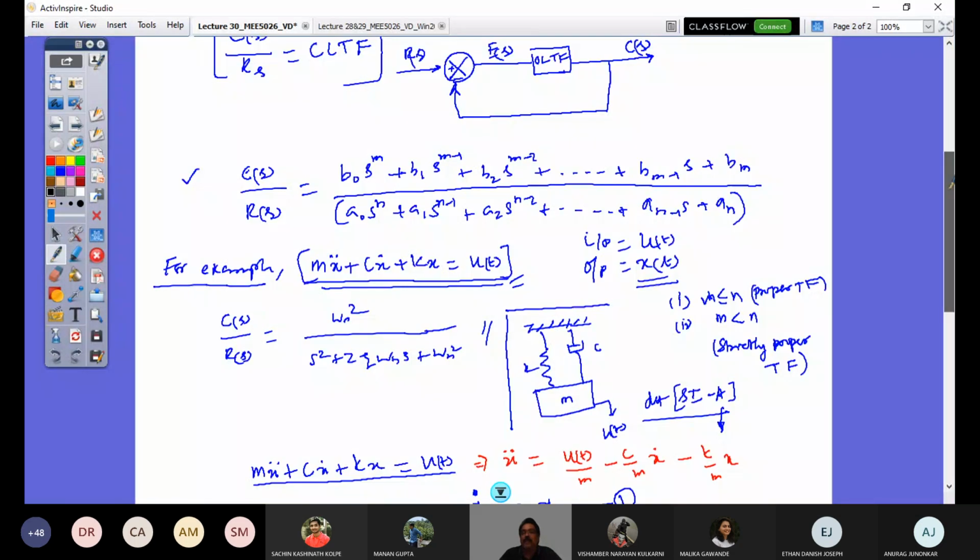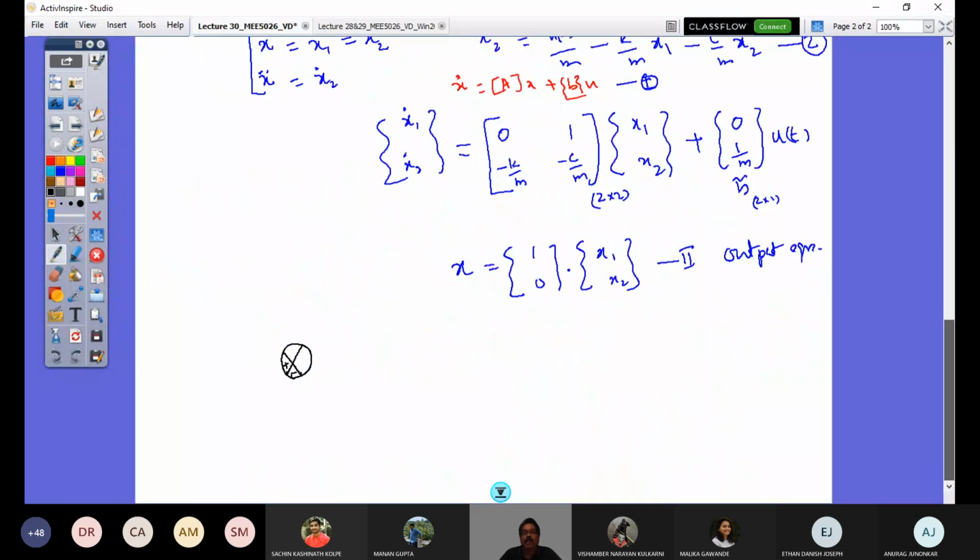So I would have my U of T, and beforehand a multiplier, 1 by m, which comes here. That's my input to the system. And the output of that, first I would have my x double dot.